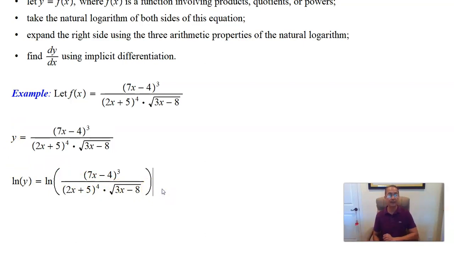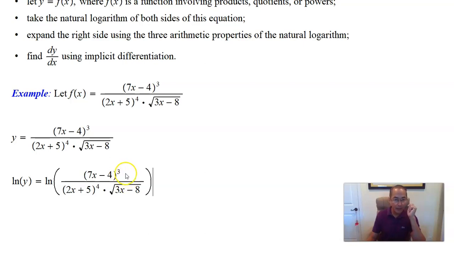Now we are going to expand the right side using the properties. We have a product rule, a quotient rule, and a power rule. We see all of those in here. So we have to dissect this function and apply those 3 rules one at a time in a proper sequence.